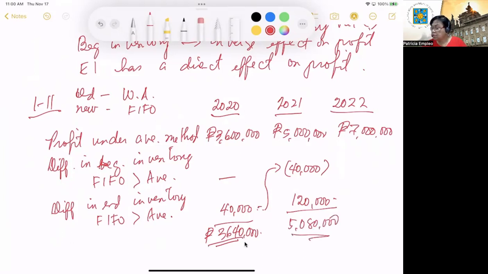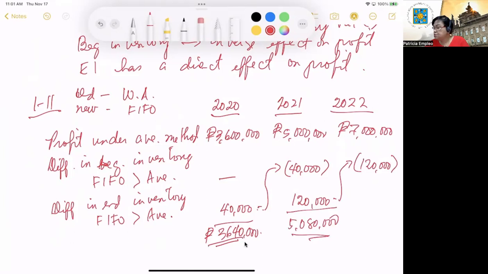But again, the ending inventory of 2021 is the beginning inventory of 2022. Therefore, 120,000 is the difference in their beginning inventory. And the higher is the beginning inventory, the lower is the profit. So therefore, you deduct. And at the end of the year, the FIFO basis inventory is 2,650,000, whereas the average basis inventory is 2 million.